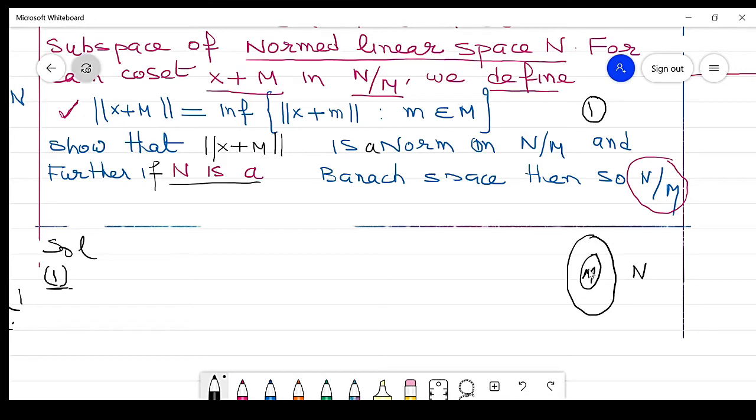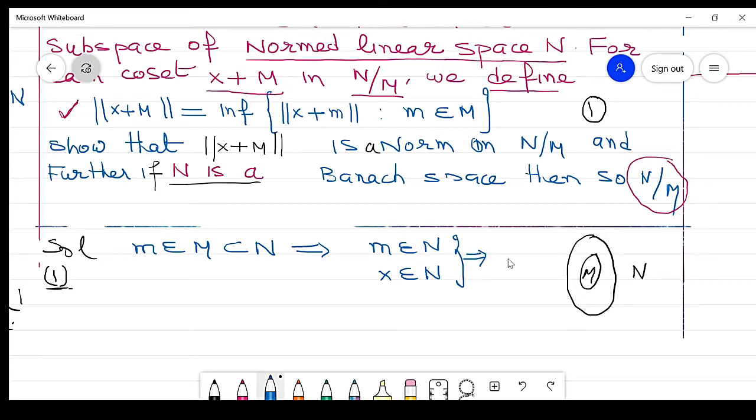So this small m belongs to capital M. What is capital M? Capital M is a subset of N, so m belongs to capital N. Second, x also belongs to capital N. It means N is a vector space, so x plus m belongs to capital N, right?